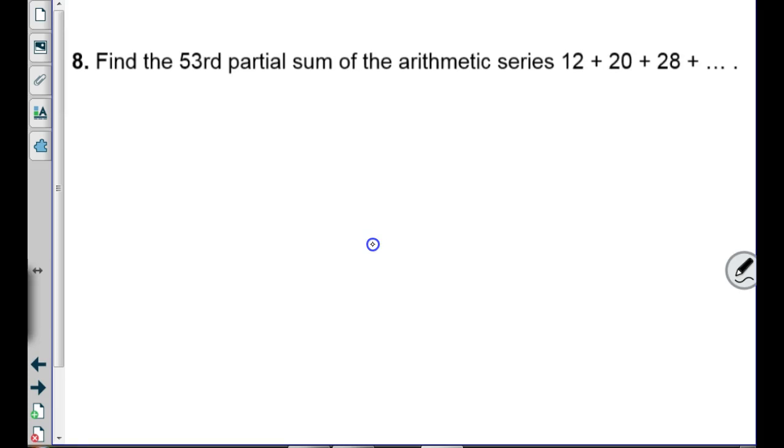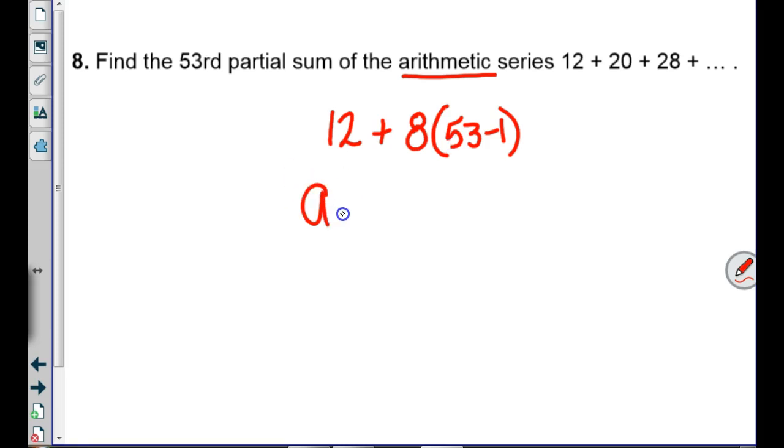All right, find the 53rd partial sum. What are we missing? The 53rd term. Can we figure it out? As long as we know it's arithmetic, it's the first term plus, what's the difference? 8. To find the 53rd term, we do that 52 times. So 12 plus 8 times 52. I got the 53rd term. Anybody? Okay, now what?